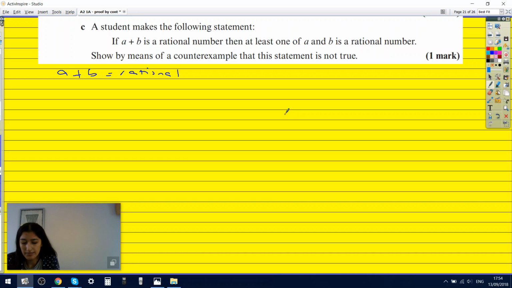So then what's the opposite of this? What's the negation? That if a plus b is a rational number, then both a and b are irrational. So what could counterexample it? Having two irrational numbers make a rational number.